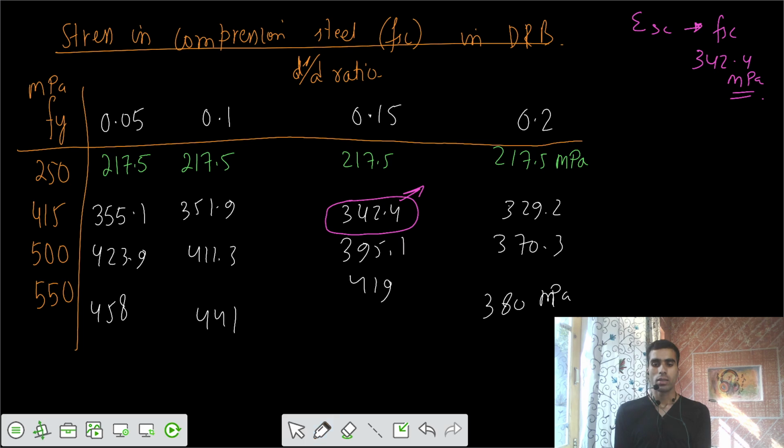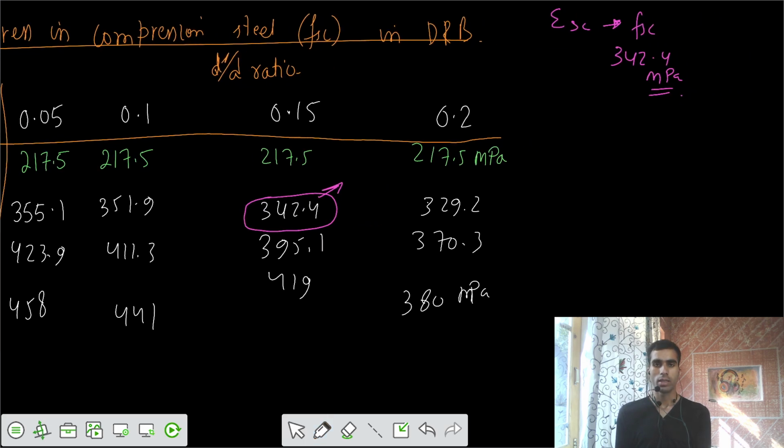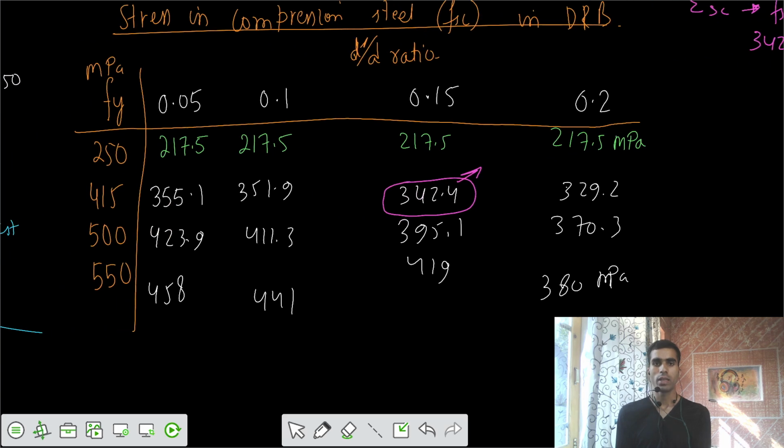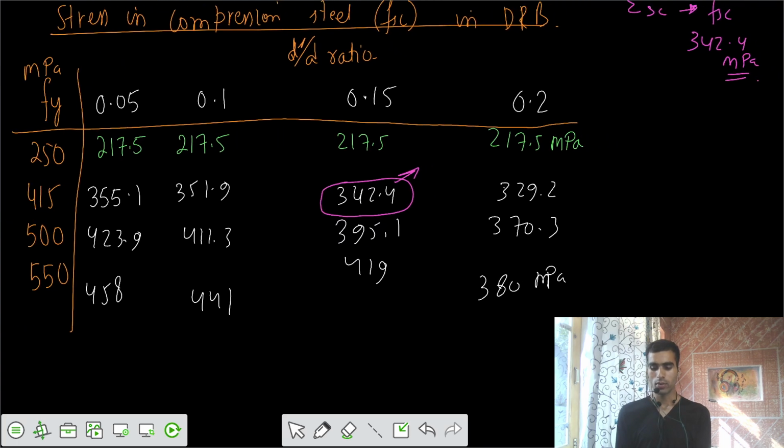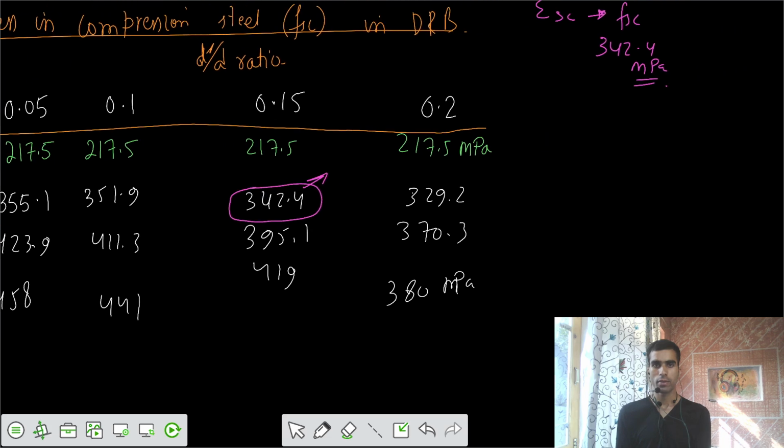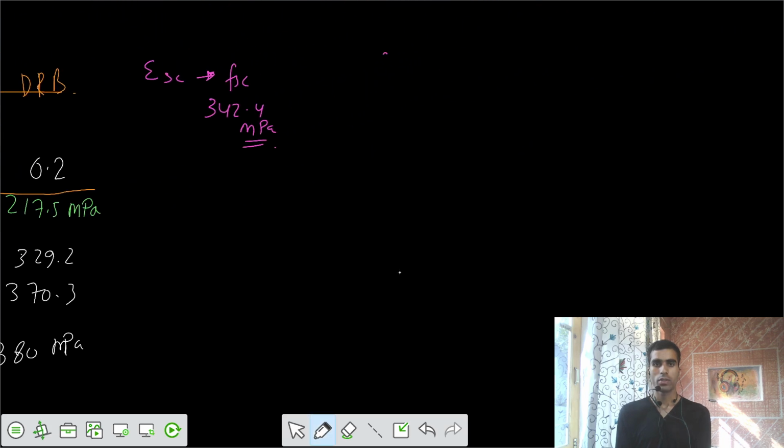Now, what does it indicate? Why for mild steel do we say this is always fixed at 217.5? Let's try to get that value. Once we have the stress strain curve for the mild steel, we have this variation.